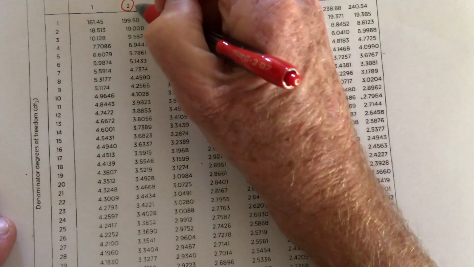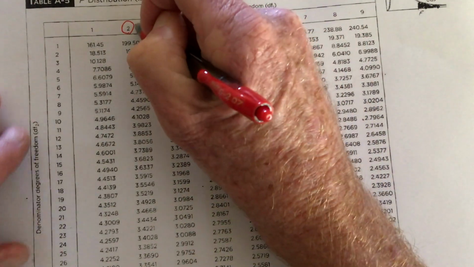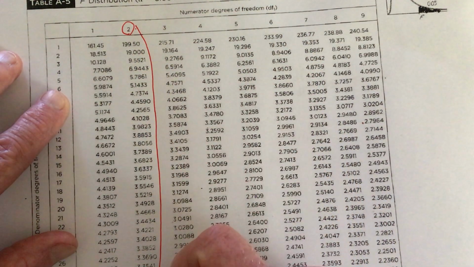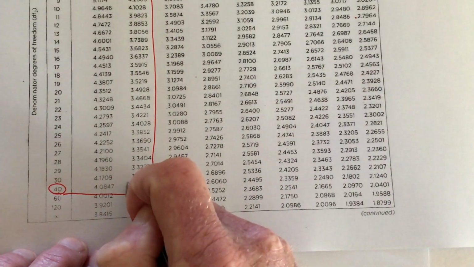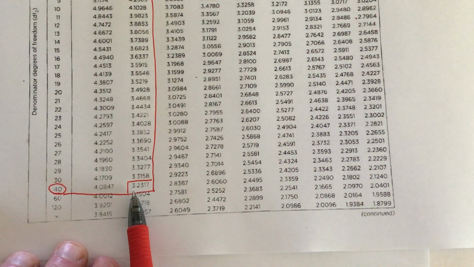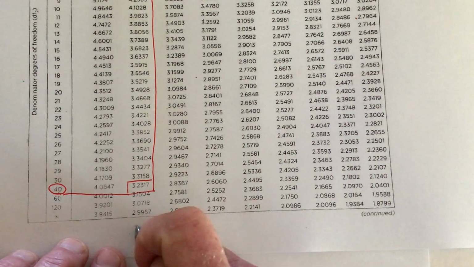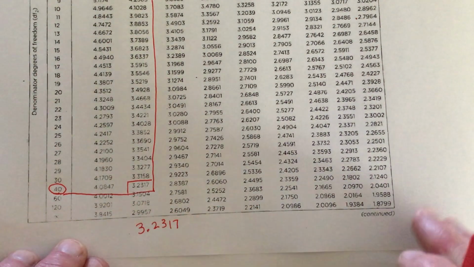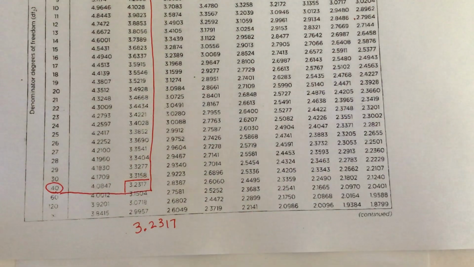And according to this, I'm using this column. And then where did the 2 meet? So the 2 meet right here. And I don't know if you can see it, but it says 3.2317. So that's the critical value.